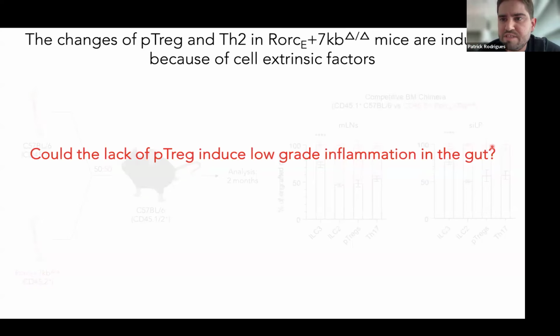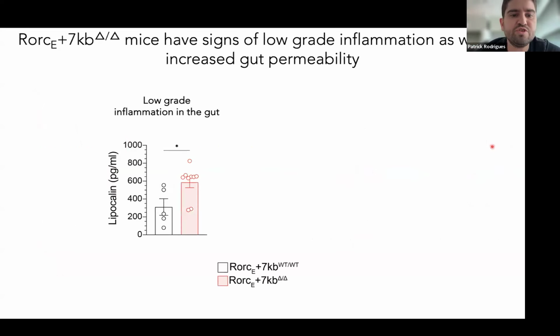So after having seen these results, we were wondering whether the lack of the PTRACs could induce some kind of low-grade inflammation. To assess this question, we measured the levels of lipocalin, which is a protein secreted upon inflammation in the colon as well as the small intestine. When we compared the lipocalin levels in our wild-type mice to the levels observed in the enhancer knockout, we could clearly see an increase in our enhancer knockouts.